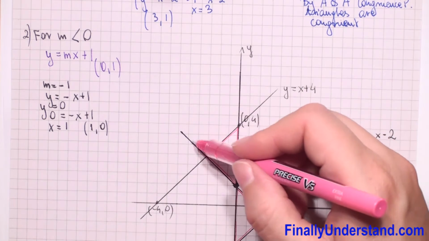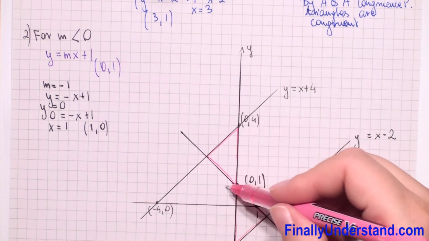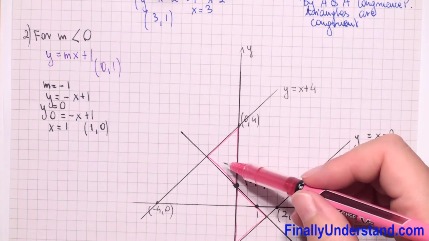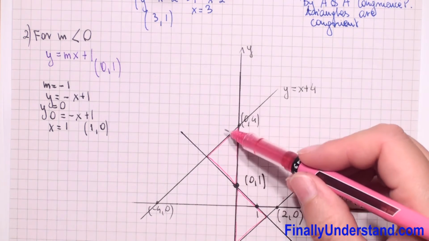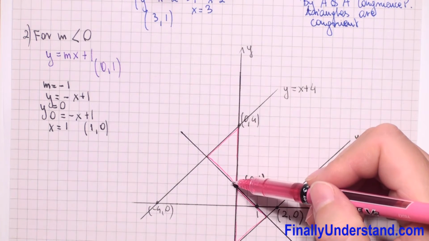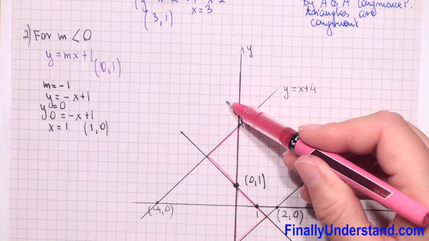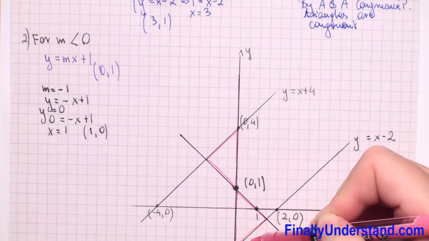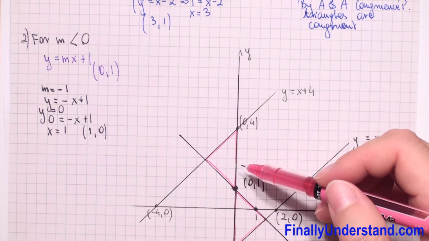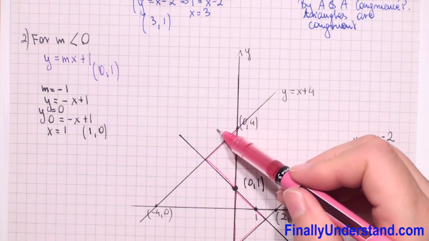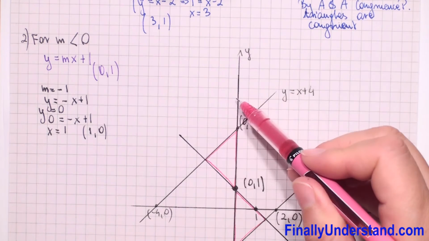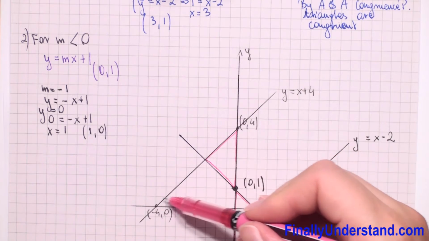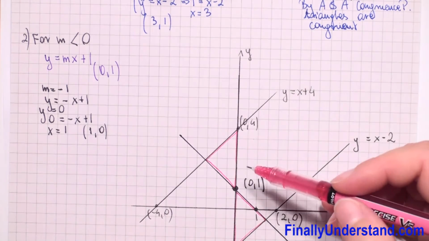If we put this line down, we will still get two triangles, maybe a little bigger or smaller, depending on how this line is. If it is close to the y-axis, then the triangles will be smaller. If it is farther from the y-axis, our triangles will be bigger.